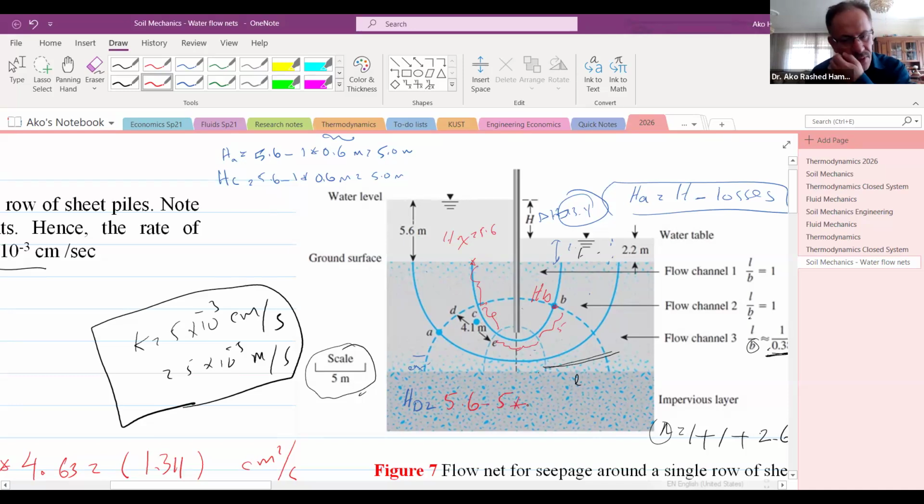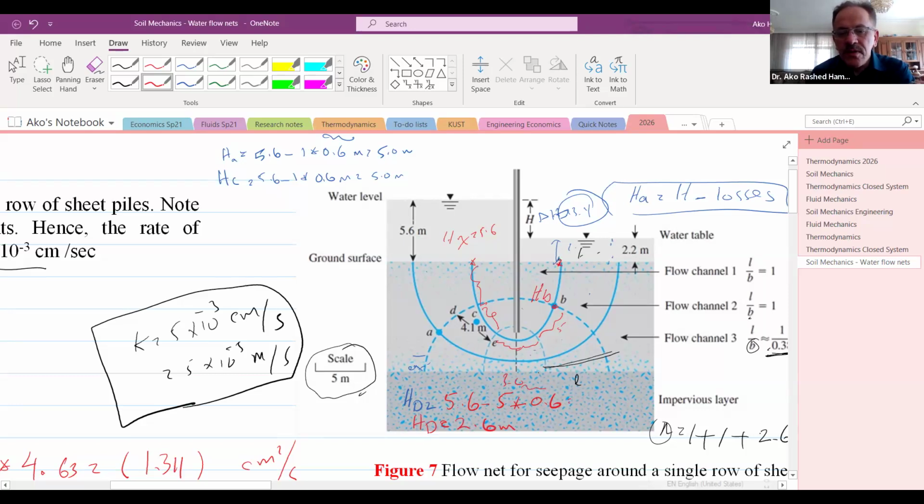Each drop's value is 0.6, right? So the pressure at D is equal to 5.6 minus 5 times 0.6, which is 3. 5.6 minus 3 is 2.6 meter.